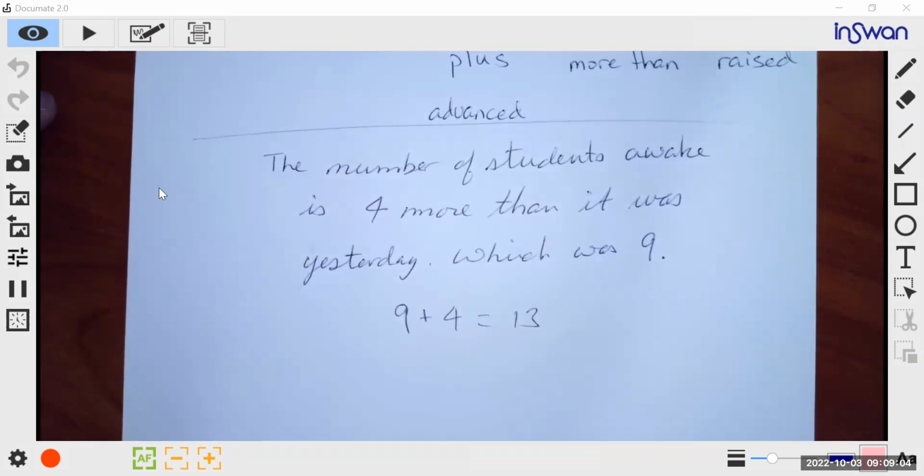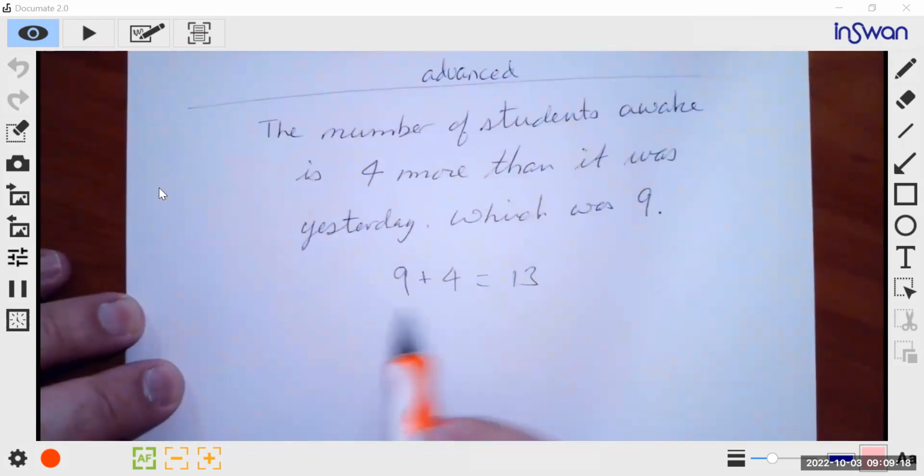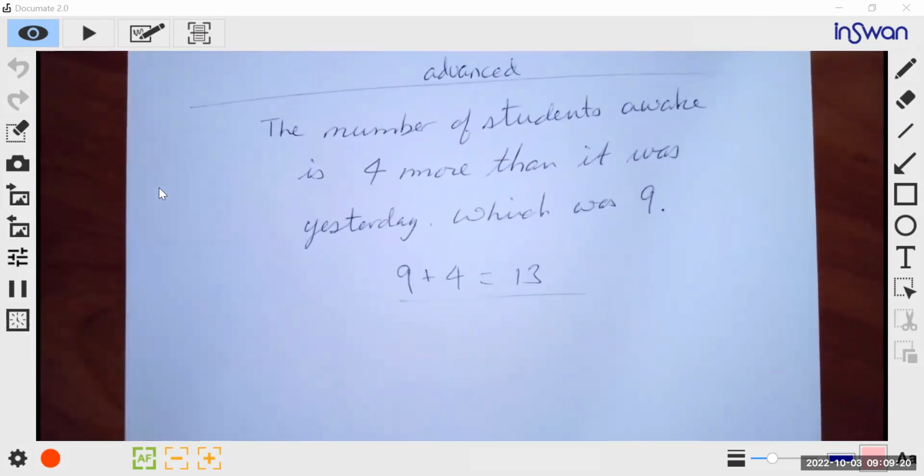In reality, we should only have word problems as examples in math. Because think about it. When I read you a math problem, if I read you this, how would you hear it? What would you hear?